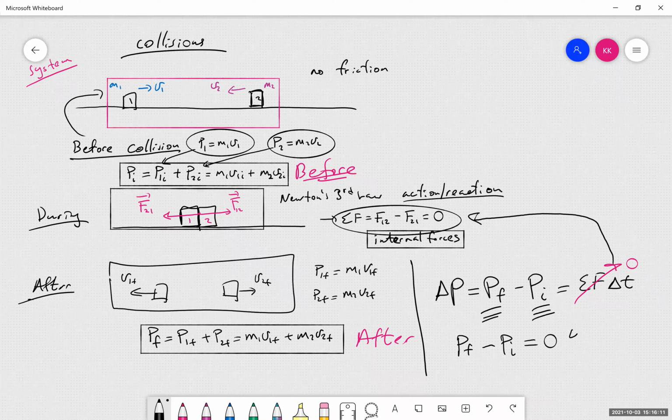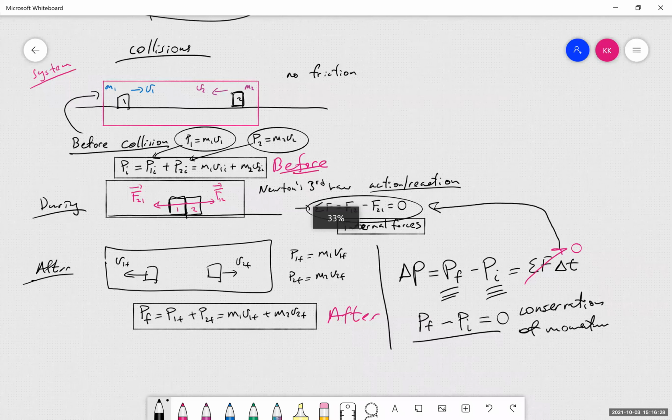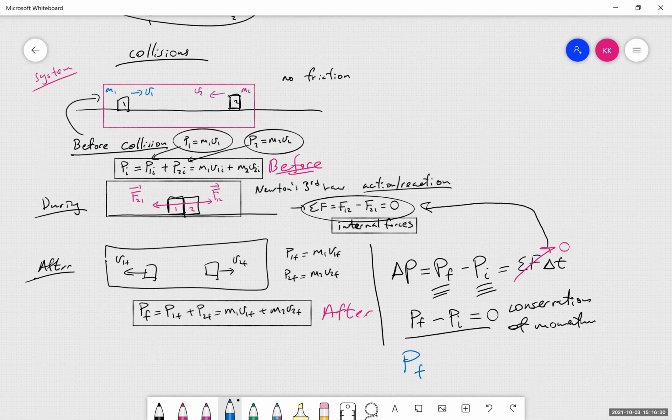This represents conservation of momentum, because there is no difference between them. Only if two quantities are the same will their difference be 0. So the momentum of the system after the collision is the same as the momentum of the system before the collision. This is a representation of the conservation of momentum.